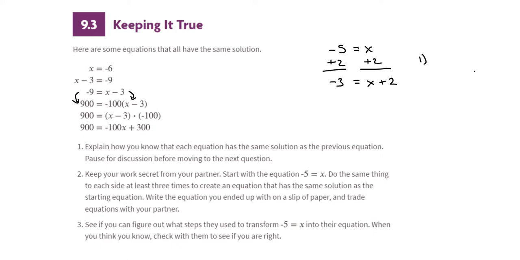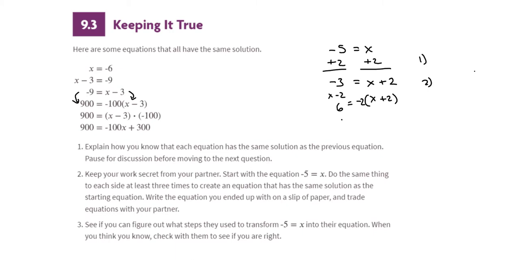Step 2, let's multiply. So I'm going to take this whole side and I'm going to multiply it by -2. I'm going to take this side, I'm going to multiply by -2. So -3 times -2 is +6.